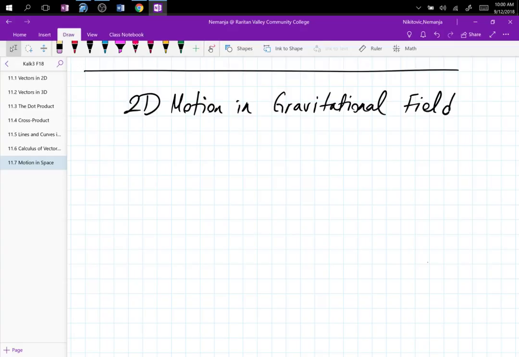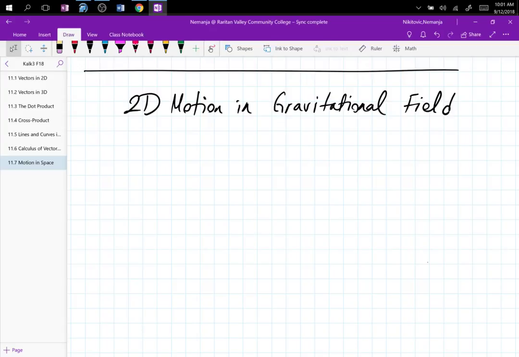Gravitational field, just like magnetic field or the wind or electric field or whatever other field, is going to be space filled with vectors, where every particle of that space is progressing according to the function that it has to obey.